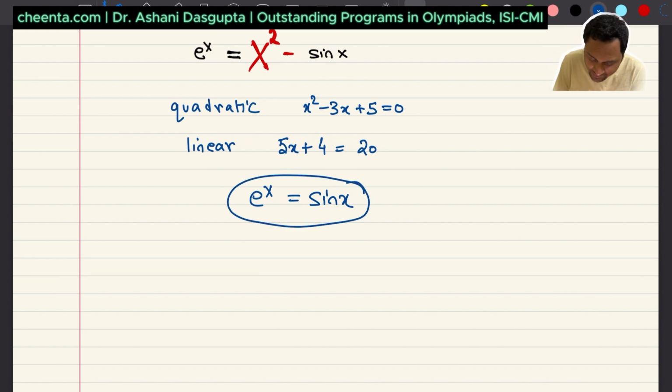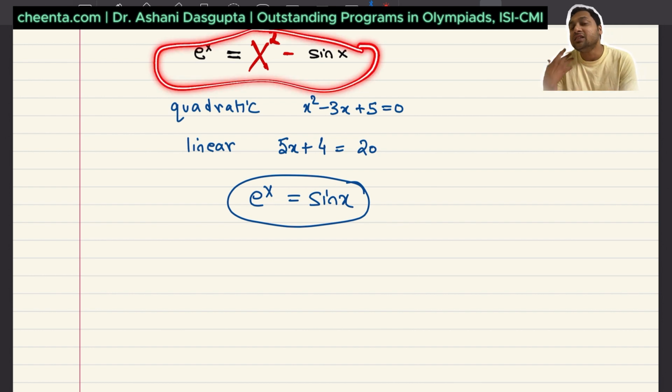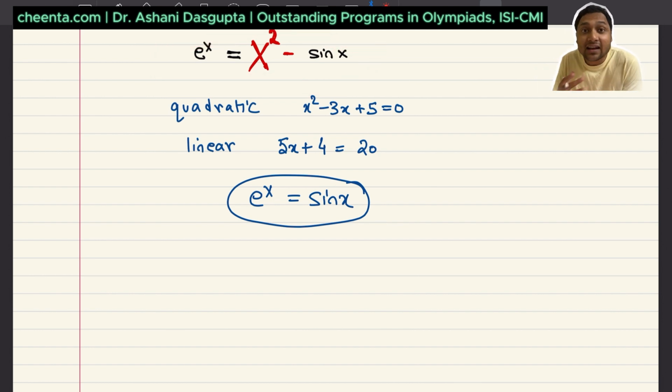I just modified it to make it a bit more fun. I just added this x squared and turned this sine x to a negative sign. This one is actually really easy, the actual problem that came up in ISI-CMI entrance. This one is a bit more challenging. We need to take a deeper dive and we need to learn more about these functions. So I'll show you how to do this.